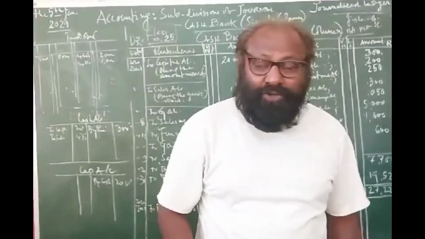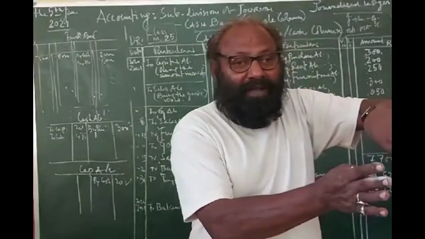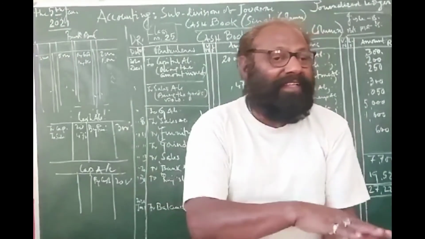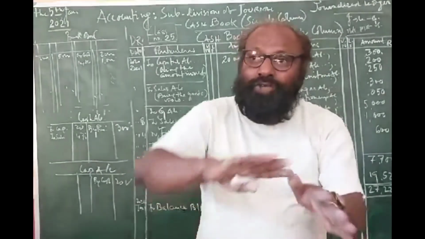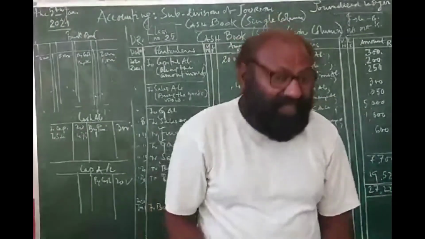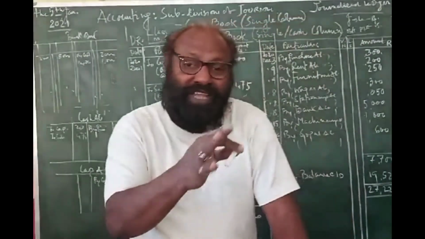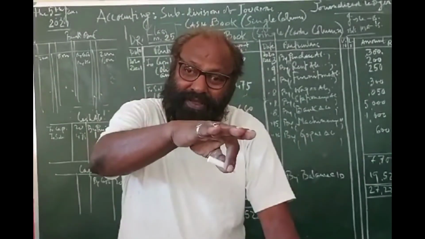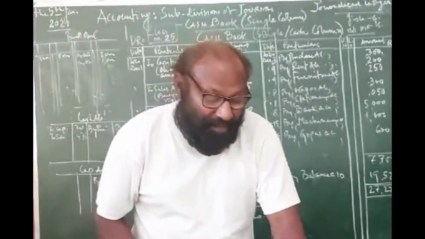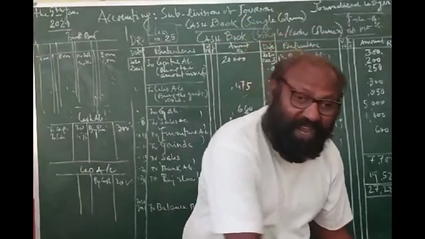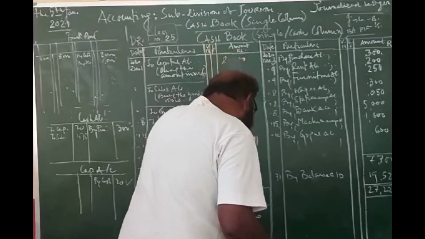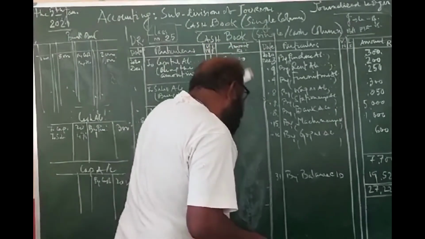Now, I would like to minimize your labor. How would I? I would have to prepare one generalized ledger, that is the cash book, and another generalized ledger, the bank book, where we record all the payments and receipts through bank. Instead of having two sets of books, I do not have so much time, so I would like to make one set of book, that is the cash book.